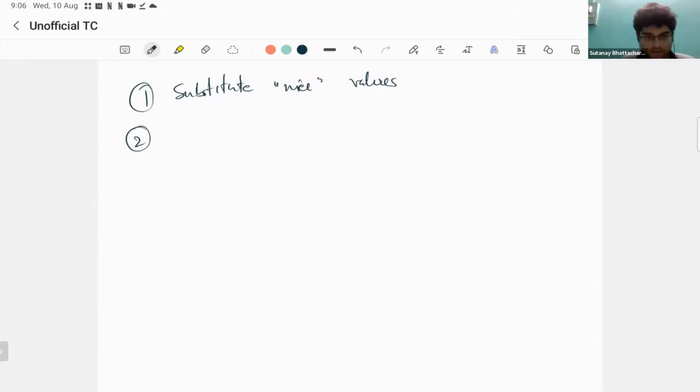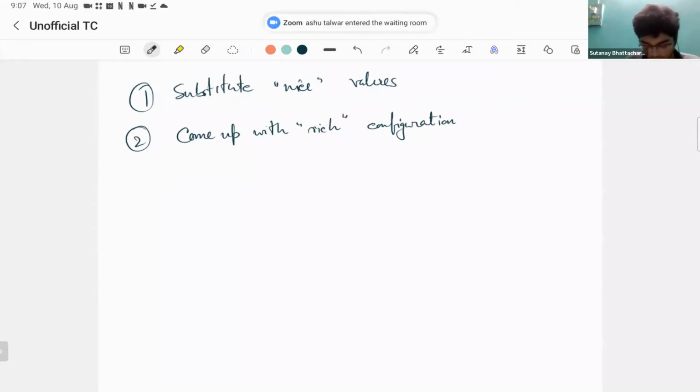And the second theme, which I'll explain in a bit, basically says: come up with rich configurations. What does rich mean? What does configuration mean? We'll get to those in a bit. You know what come up with means, so I won't get to that.